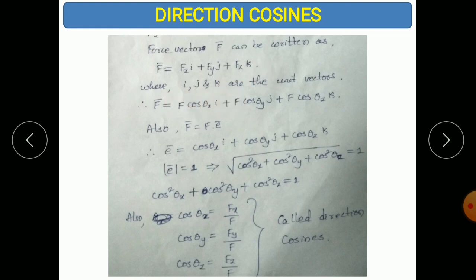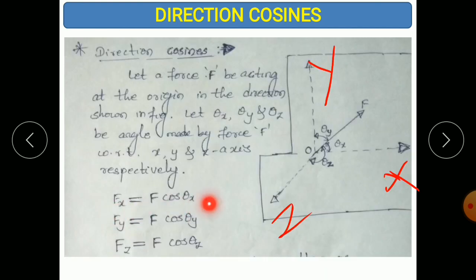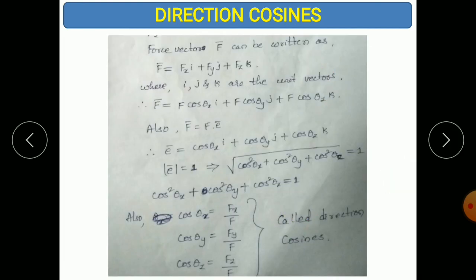Here i, j and k are unit vectors. What is the meaning of unit vectors? Earlier I explained. Look, Fx means what? Fx means it is F cos theta x. So you can see here, F cos theta x. Similarly Fy and Fz. We also know that F bar is equal to F into e bar.